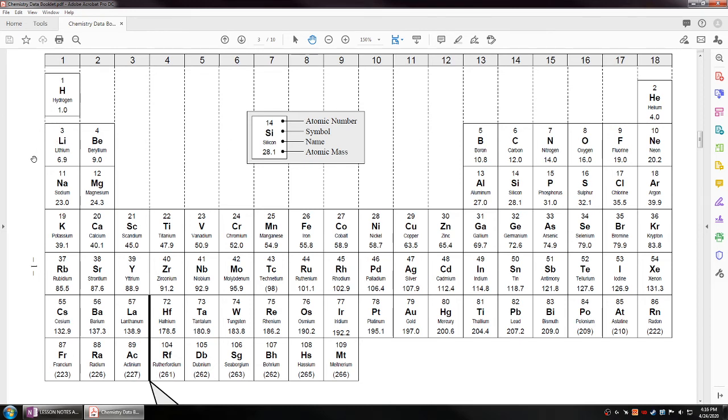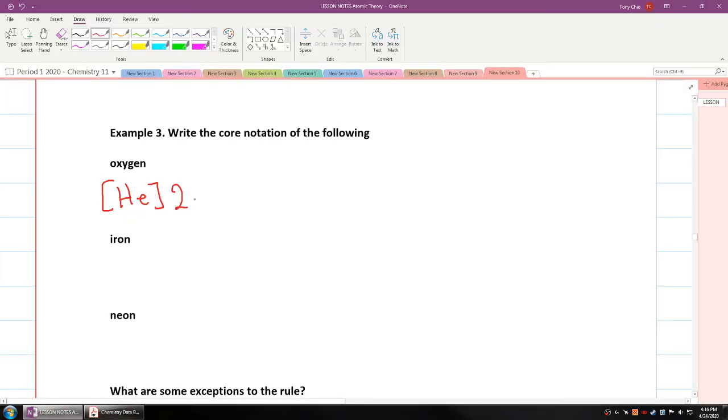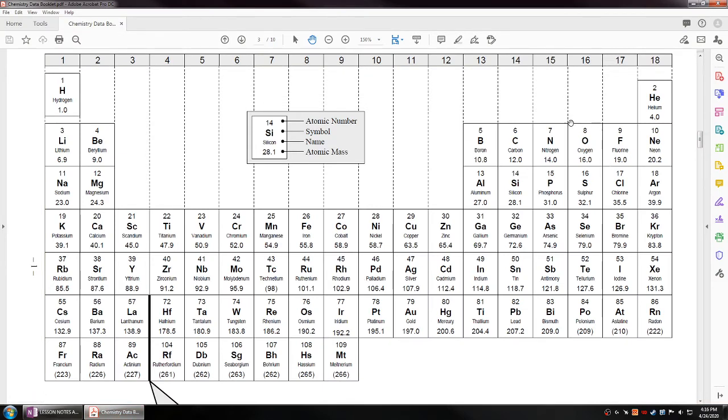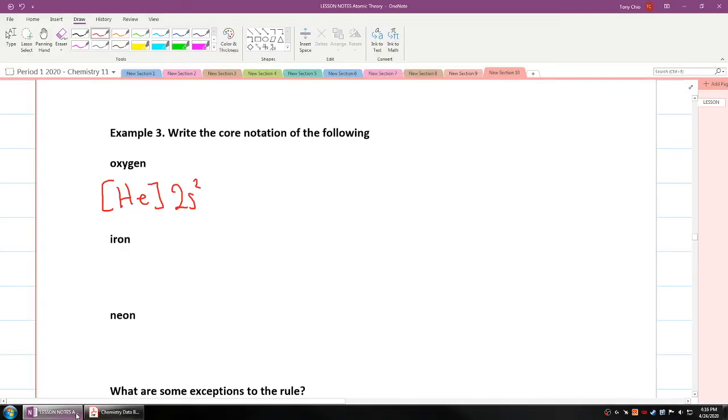What is this section? Well, this is the 2s electrons. So we write 2s2, because that is still in the valence. And then right here, we will write 2p4, because there are 4 electrons still in that valence. So 2p4. And this is, in a sense, the core notation of oxygen.